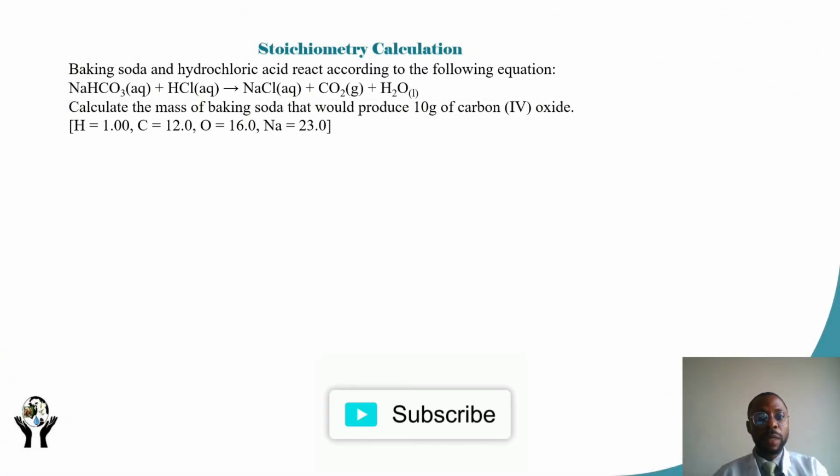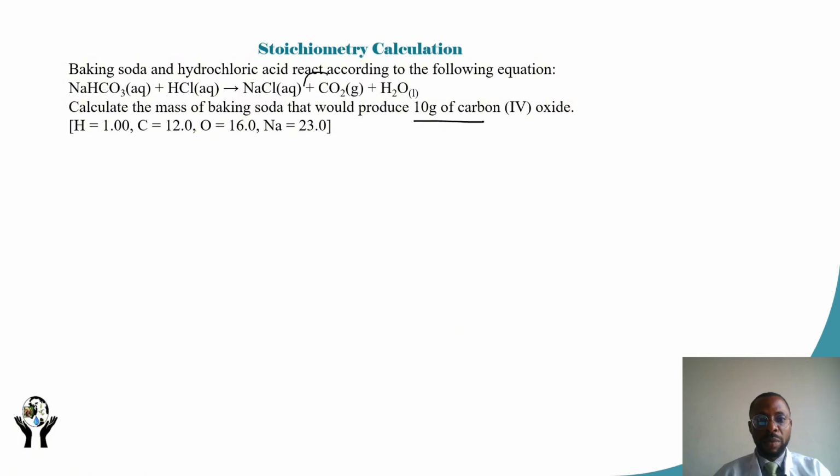For this, the question says, in that equation, baking soda is reacting with hydrochloric acid. Calculate the mass of baking soda that will produce 10 grams of CO2. The mass of CO2 is given as 10 grams, so it's about the mass of this one. Then we have to calculate the mass of baking soda, which is reacting with hydrochloric acid.